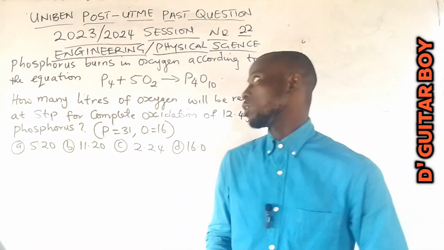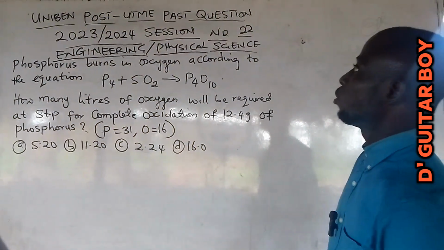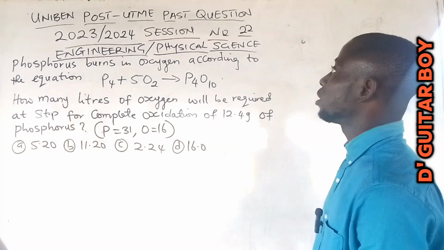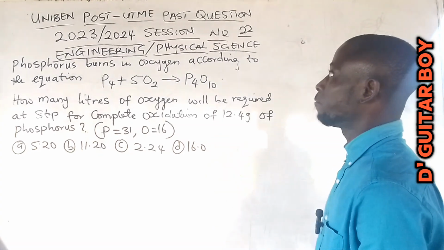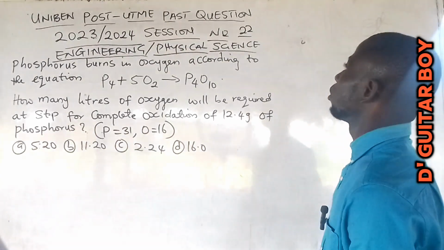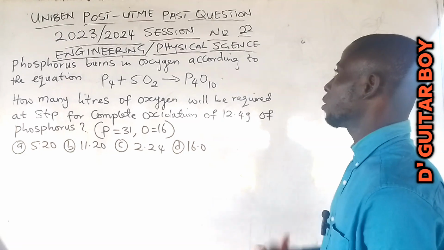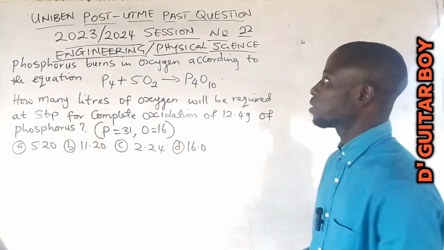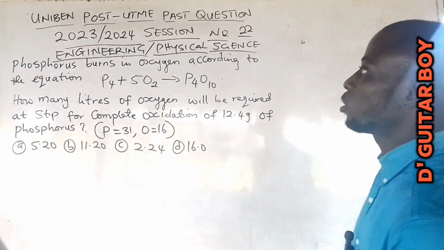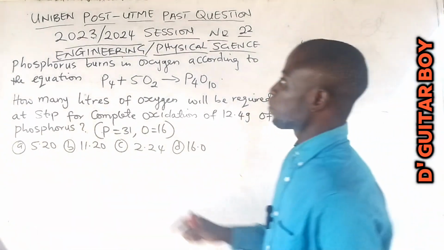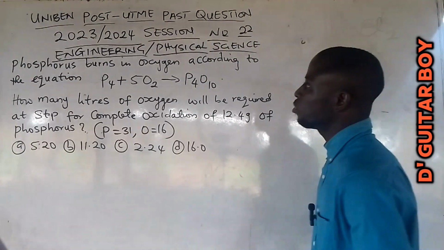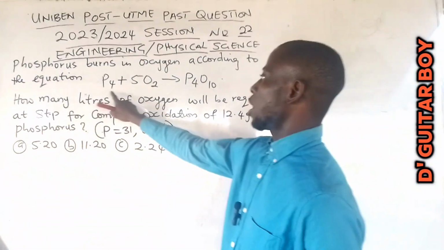Today, we are going to be answering this UNIBEN Post-UTME past question, 2023/2024 session, number 22, engineering/physical science. Now, this is a chemistry question. It says that phosphorus burns in oxygen according to the equation as we have here.